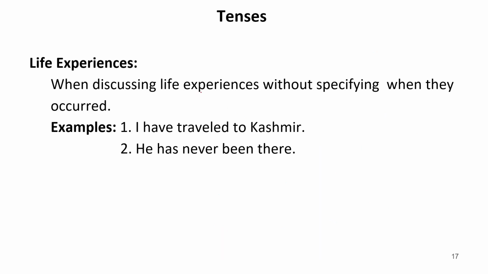When discussing life experiences, present perfect tense is also used without specifying when they occurred. I have traveled to Kashmir. It means once I have visited that particular place. When? I don't know. He has never been there. It means he has never visited that particular place.